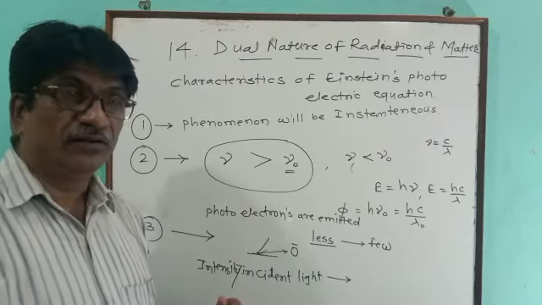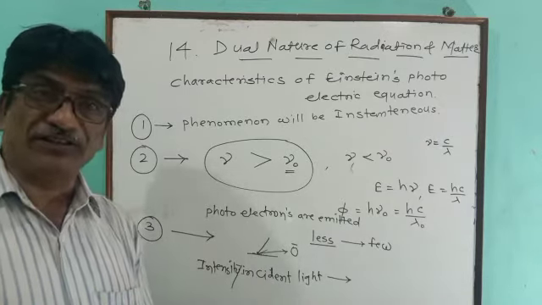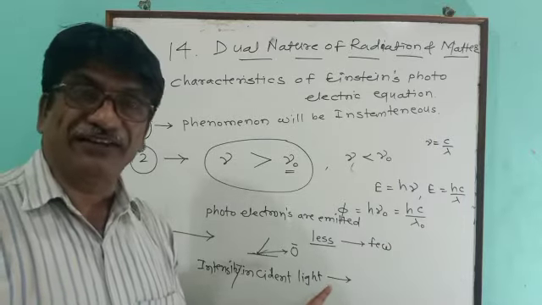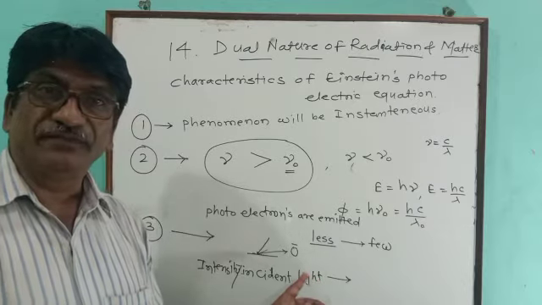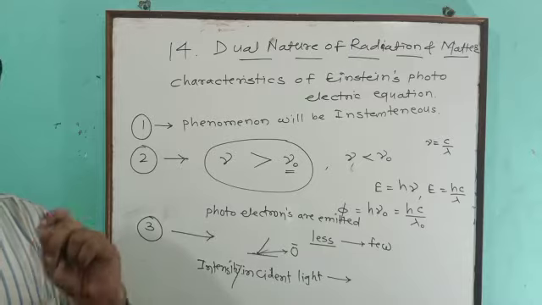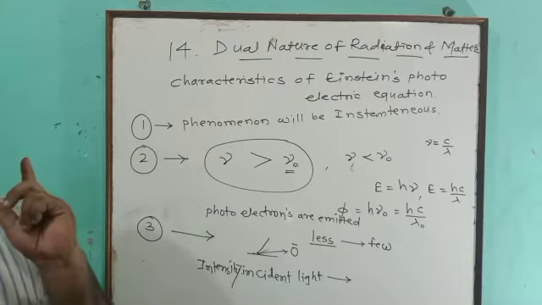Here, when frequency is kept constant, increasing the intensity of incident light will increase the photoelectric current.